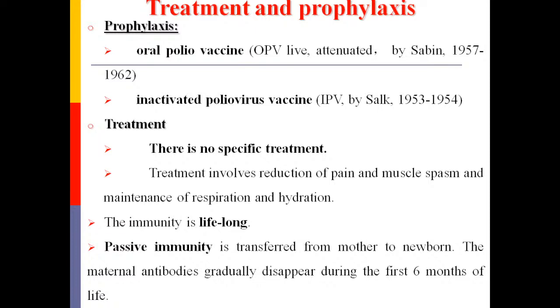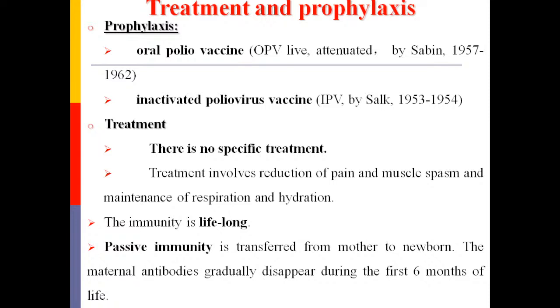And inactivated poliovirus vaccine is another one, or IPV, that was made by Salk. Inactivated poliovirus vaccine is injected intramuscularly. This vaccine was made earlier than oral polio vaccine.